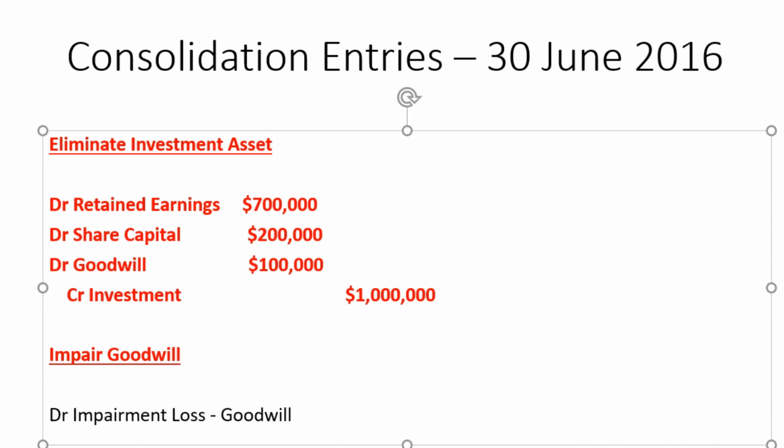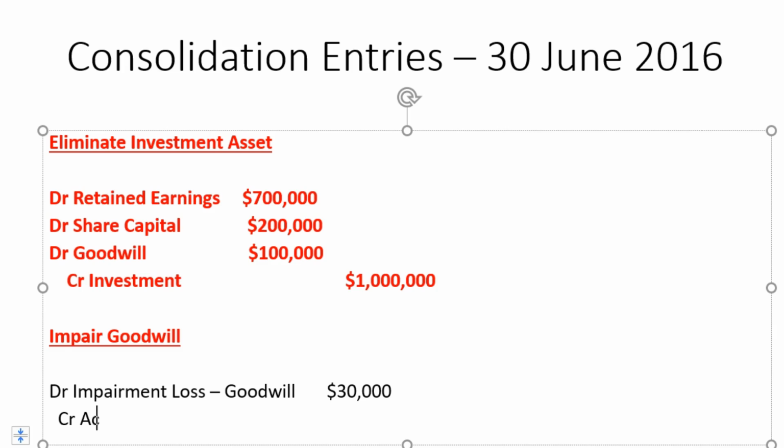This is a loss that goes through the profit and loss. It's $30,000. And we will credit accumulated impairment for goodwill the same amount. So that's nice and simple.